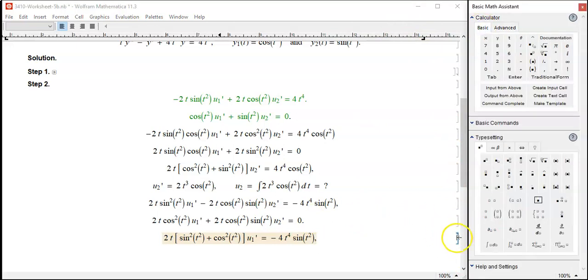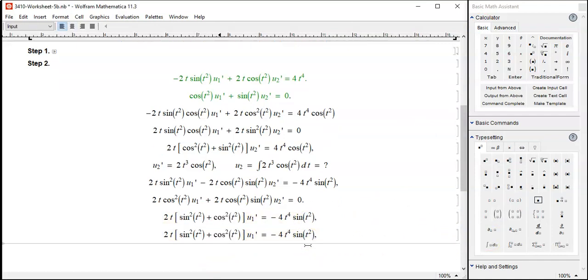And then, let's see. This thing is equal to 1, right? So we get 2t times u1 prime is equal to this. Let's simplify. Divide by 2t. Then you get 2, and then you have t cubed.